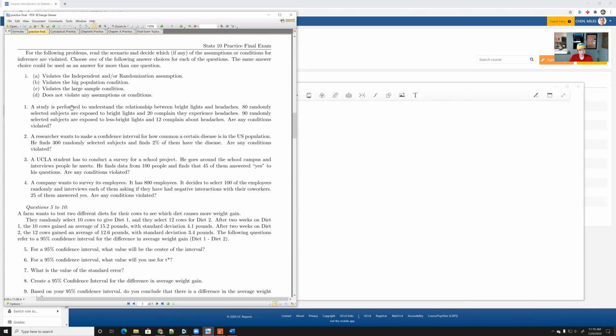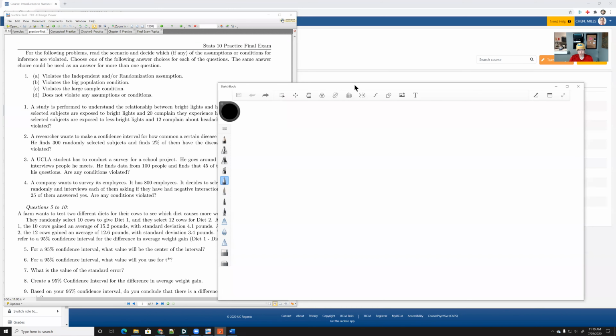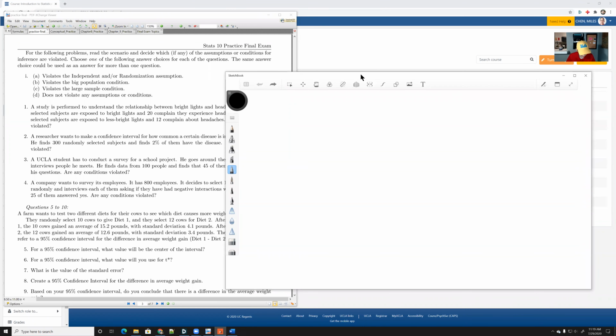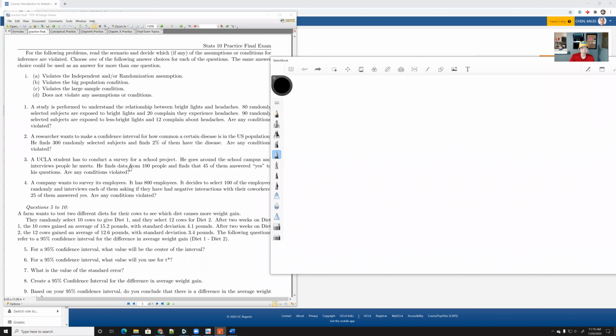All right, so let me show you. You'll have maybe around three of these types of questions, where I'm going to ask you to check whether the conditions for the central limit theorem are met. You had similar problems to this in the homework, but I never gave you a quiz like that.